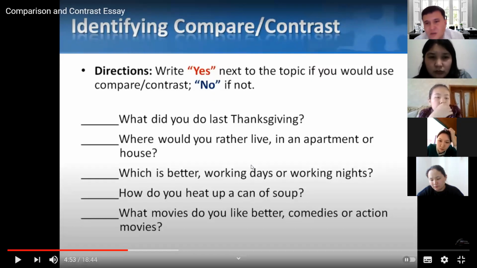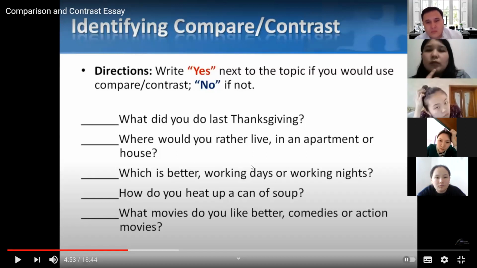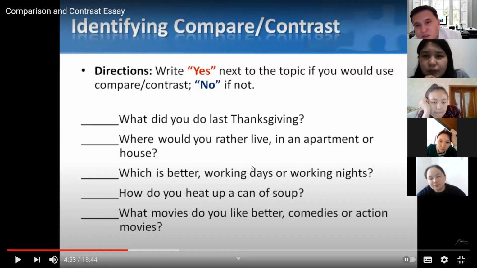Okay, dear students, you may complete the exercise by writing yes or no. And dear students, when you are giving an answer, please try to give the improvements.